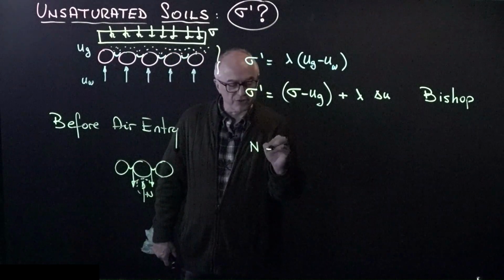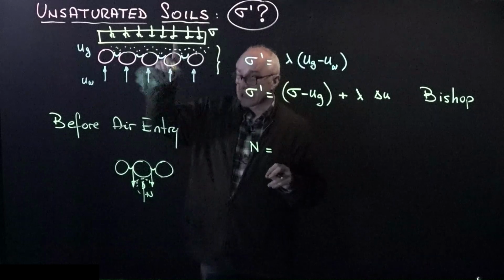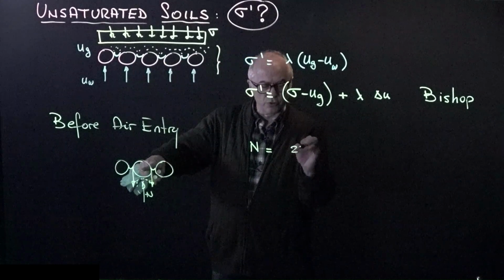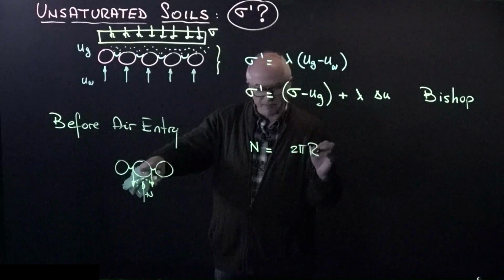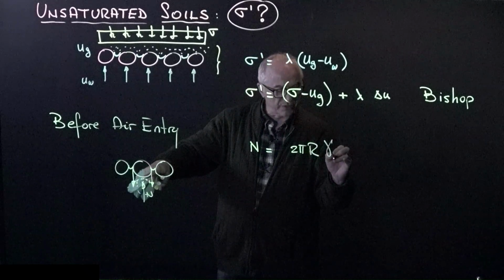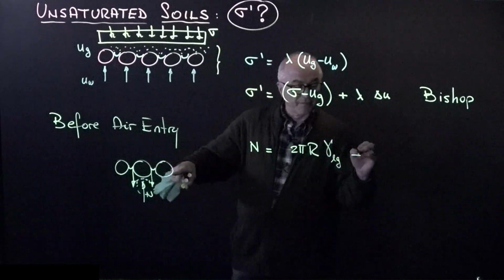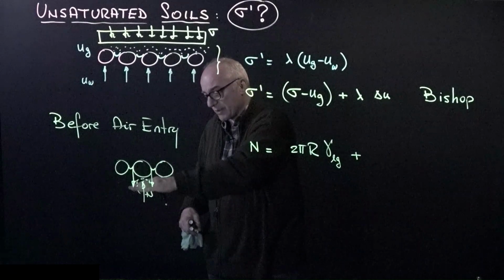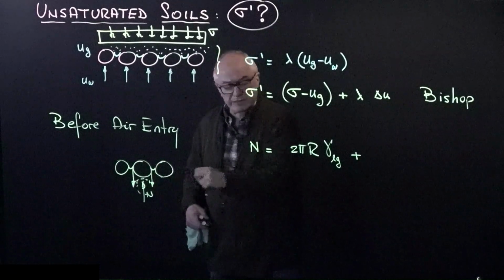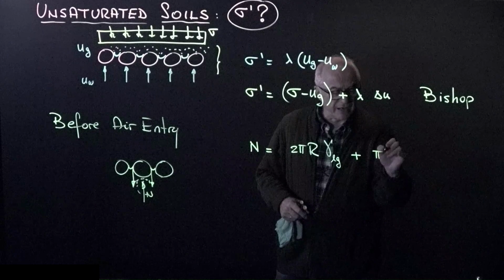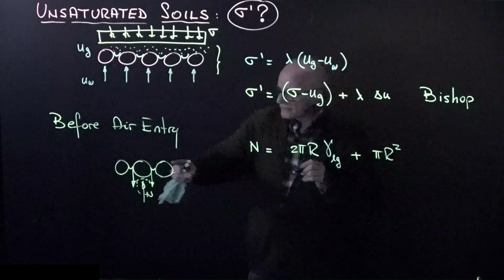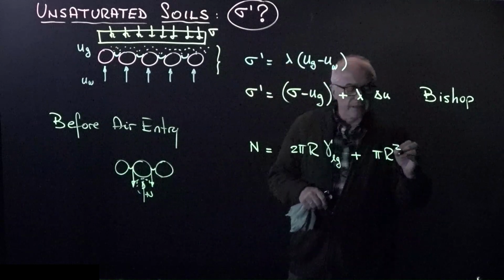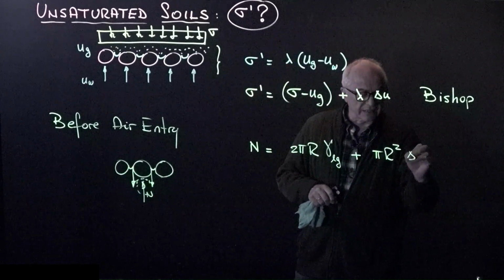Without the slab, without the external stresses, that normal force is equal to 2 pi r, the perimeter, times the surface tension between the liquid and the gas, plus the suction acting on the lower part of the particle, also pulling the particle down. So it's going to be pi r squared, if this is at the verge of air entry, so you are on the equator plane, pi r squared times delta u.